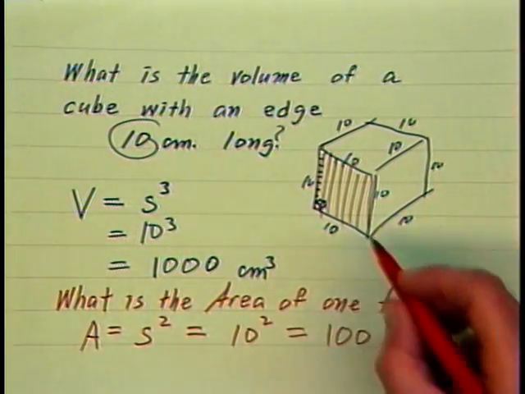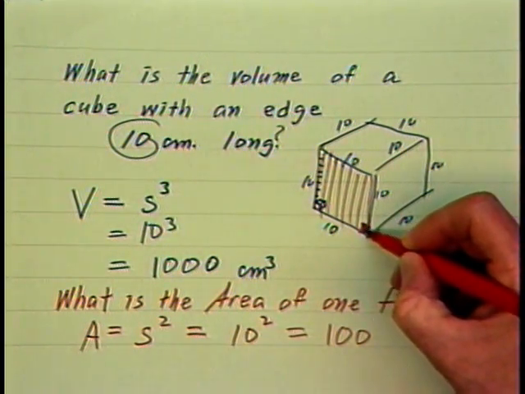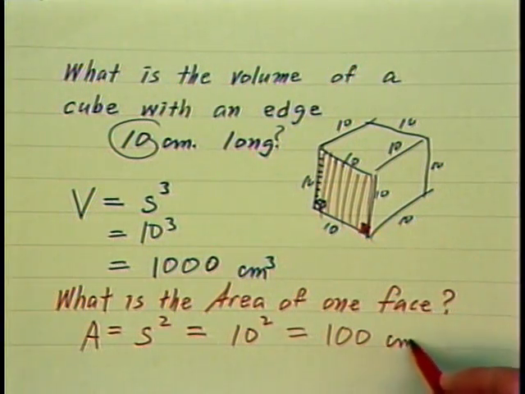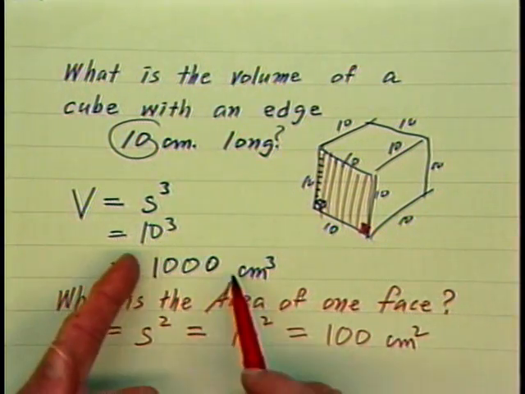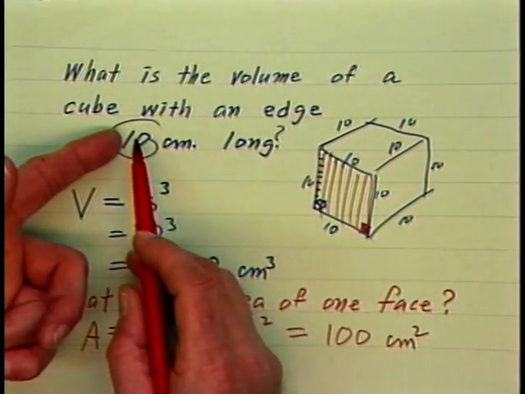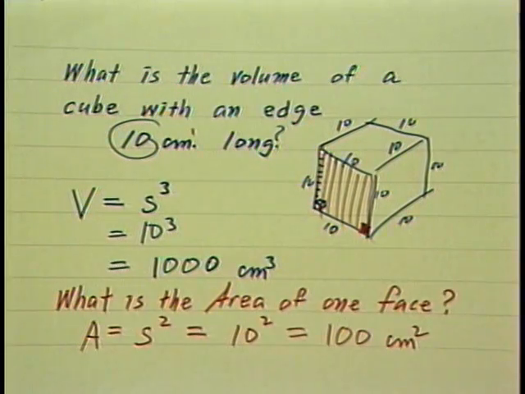So the area is, and here is a small 1 square centimeter, so it's 100 of those centimeter squares. So we write this 100 square centimeters as opposed to 1,000 cubic centimeters, as opposed to a length which is 10 centimeters, or centimeters to the first if you wish.